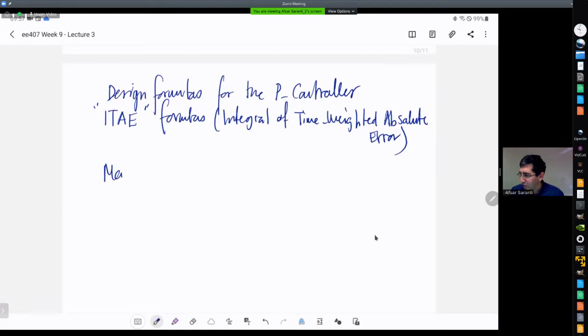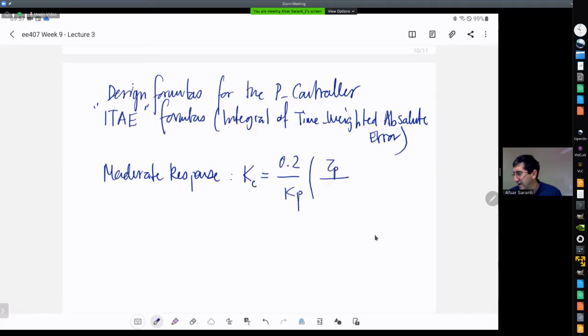So for the moderate response, we have Kc, the controller gain, given by 0.2 over Kp, and tau p over theta p to the power 1.22.